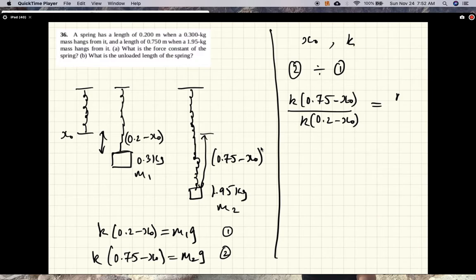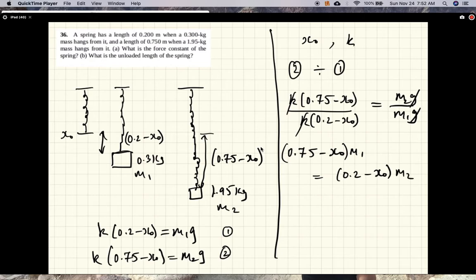So what we have is 0.75 minus x naught times m1 is equal to 0.2 minus x naught times m2.